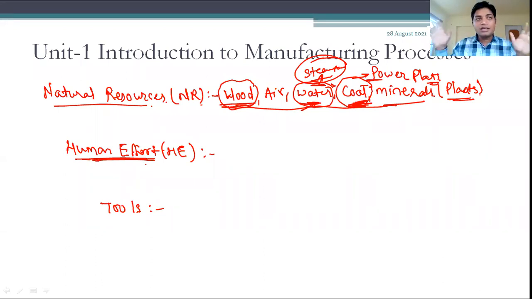For example, I want to construct a house, so I need labor. The architect or civil engineer gives you a design: this is the type of house we can construct, with 5 or 6 rooms on the ground floor, and a top floor if you want to create one.